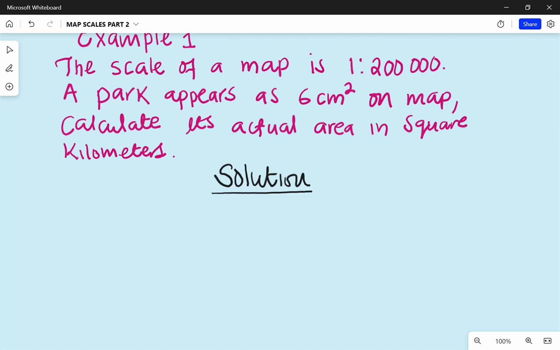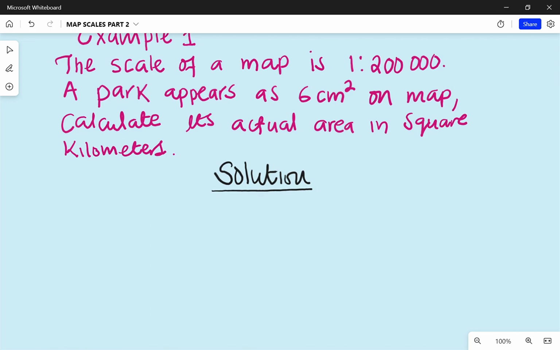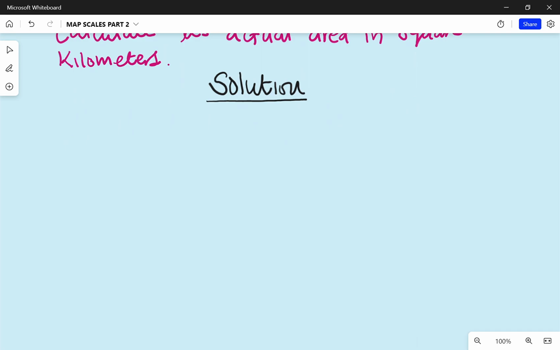So the first thing is to recognize that what has been given to you is the linear scale factor. The linear scale is 1 to 200,000. This is going to be my linear scale.